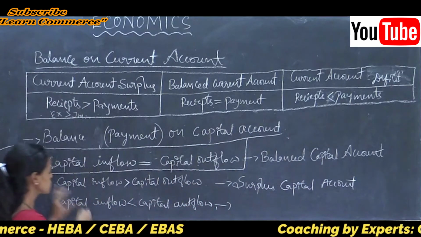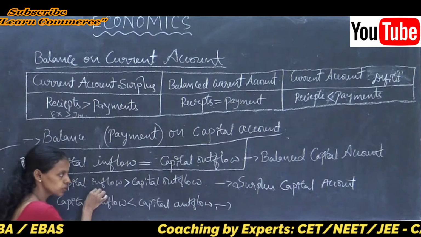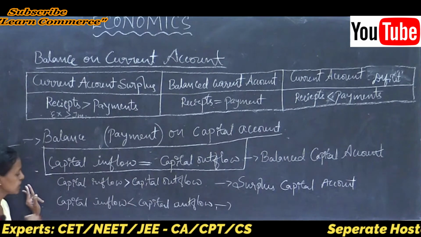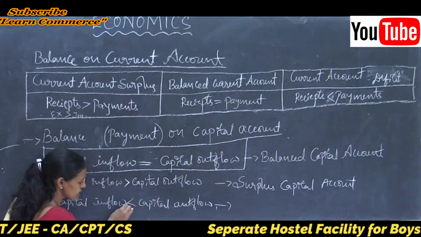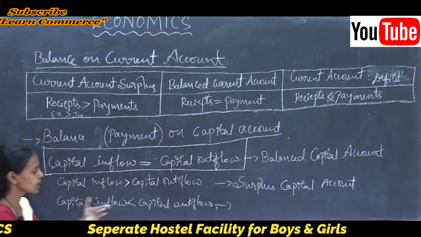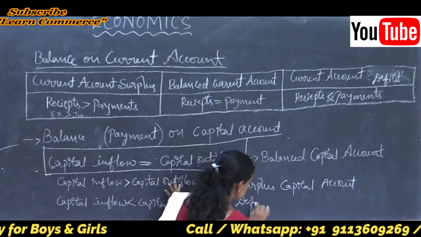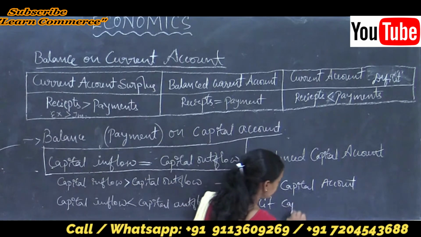Next one, if the capital inflow is very less and capital outflow is more, then it is said to be the deficit capital account.